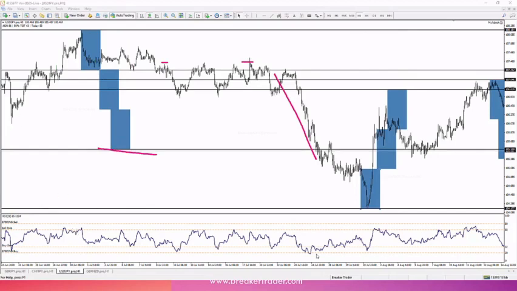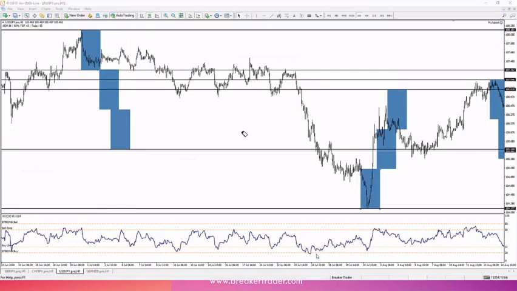Okay. So 3 times ADR theory is useful. It does play out quite often, but quite often it doesn't. And for me, it's not something I want to use as the basis for getting into trades, but you need to be aware of it.